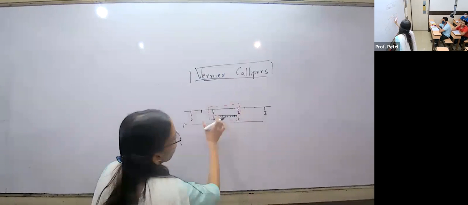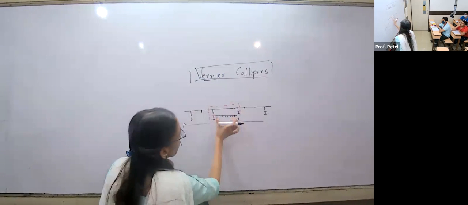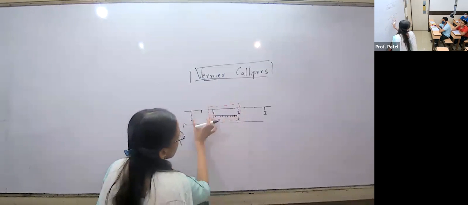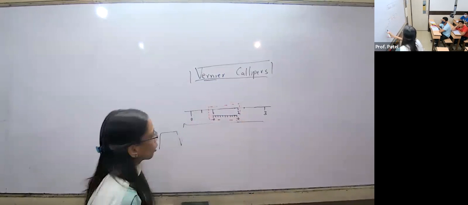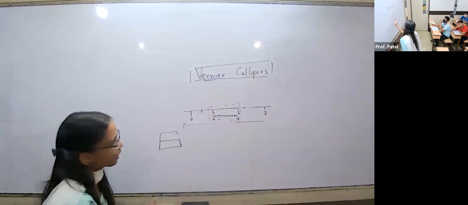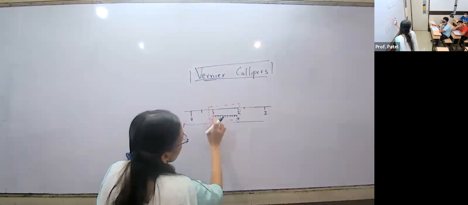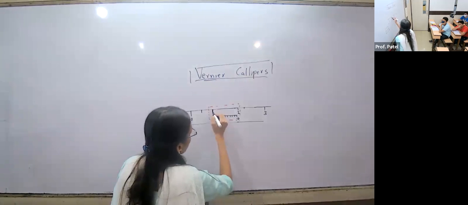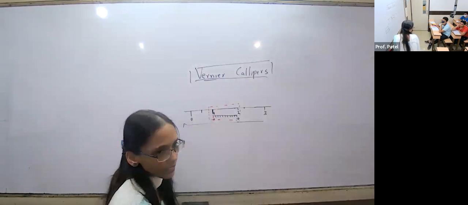And on this main scale, my smaller vernier scale keeps moving. Okay. So at this point, where my object is of this length, let's say the zero of my vernier caliper is exactly matching on this 1 centimeter point.